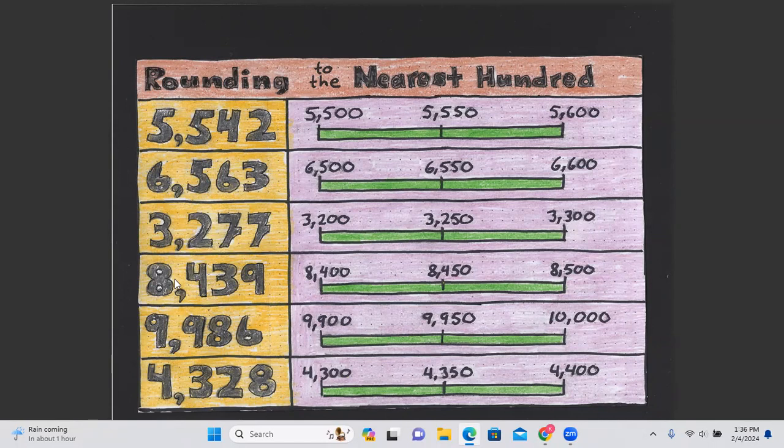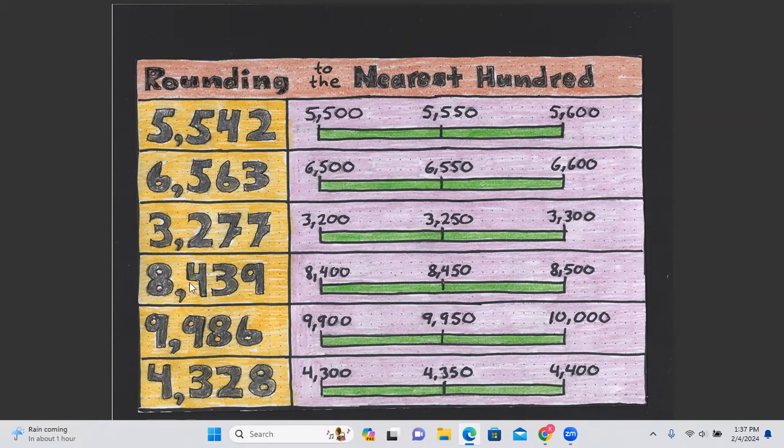And let's do the same thing with 8,439 and see where it belongs. And we know that 400 is in the hundreds position, because if I repeat, this is the hundreds, this is the tens, and this is the ones, and 8, of course, is in the thousands place. And so if we look at the number 3, which is in the tens place, we notice that it is below 5.